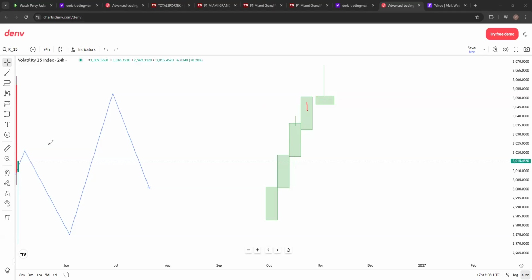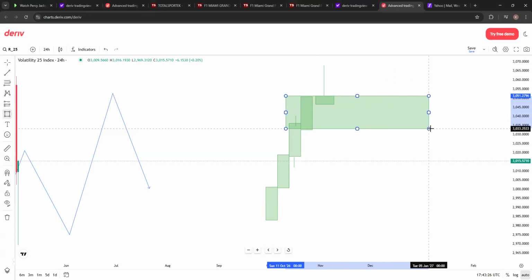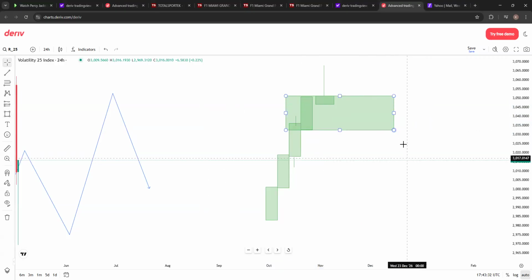So first things first, when you see this happening on your chart, don't mark the tail. Mark the body of your push candle from the top to the bottom, and proceed with it to the signal candle.